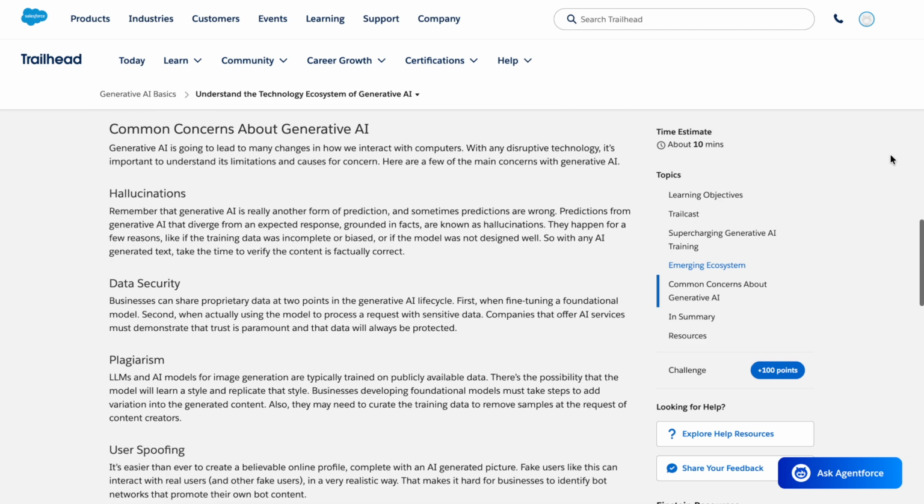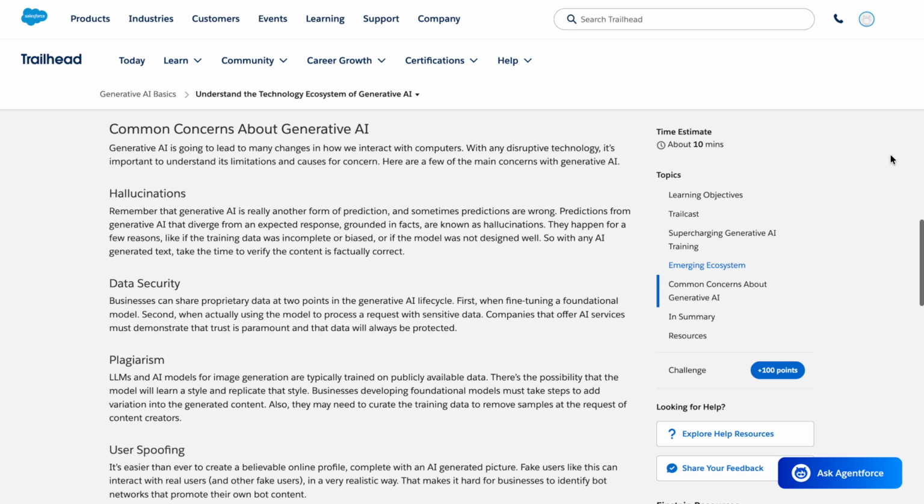Common concerns about generative AI. Generative AI is going to lead to many changes in how we interact with computers. With any disruptive technology, it's important to understand its limitations and causes for concern. Here are a few of the main concerns with generative AI. Hallucinations. Remember that generative AI is really another form of prediction, and sometimes predictions are wrong.